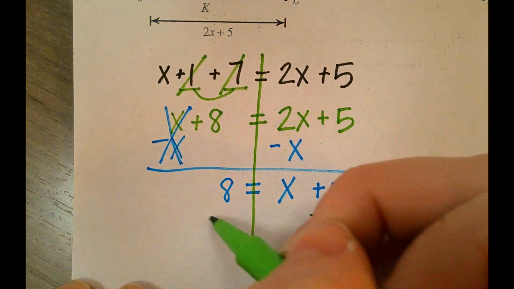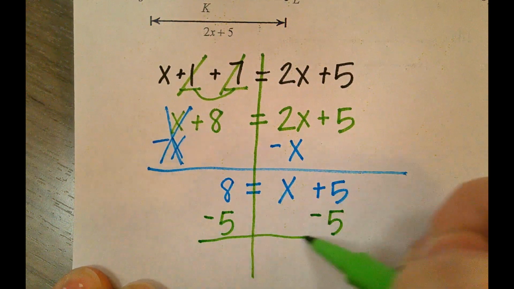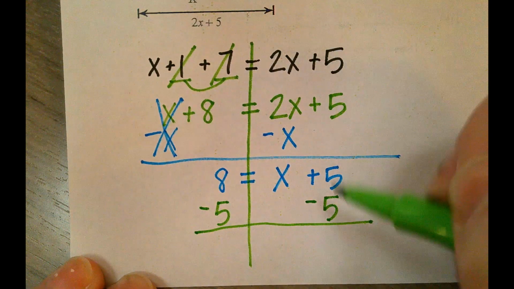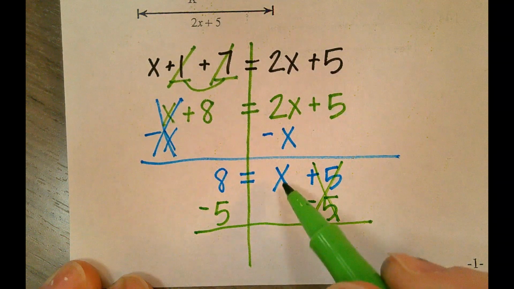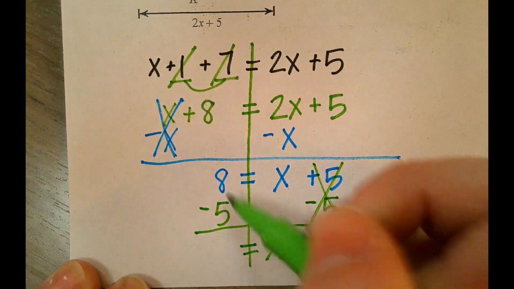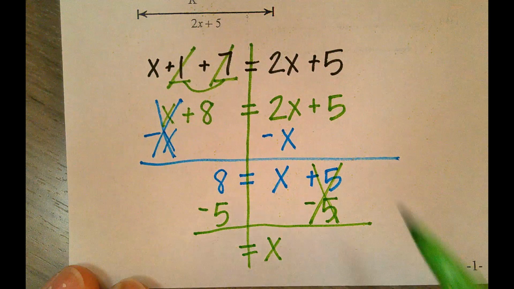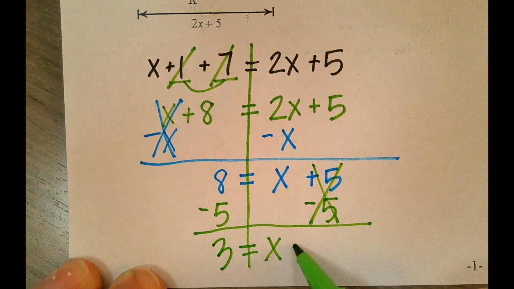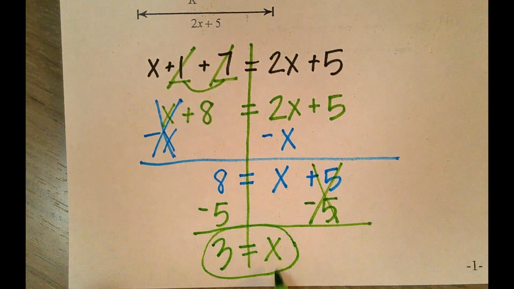Subtract 5. Okay, my 5s will cancel. Now I have x all by itself equals 8 minus 5 is 3. And there you go. It's okay if it doesn't say x equals 3. 3 equals x is just as good. There we go.